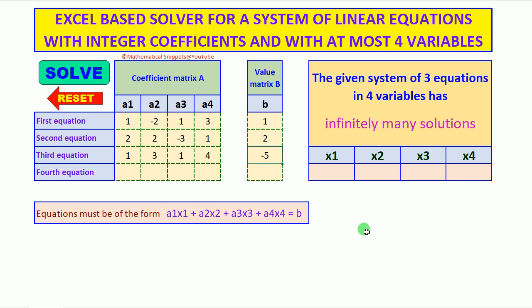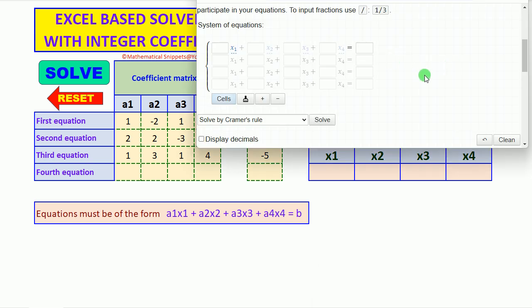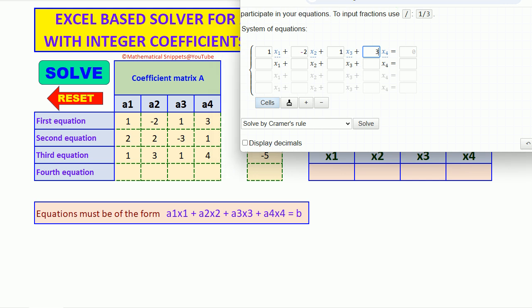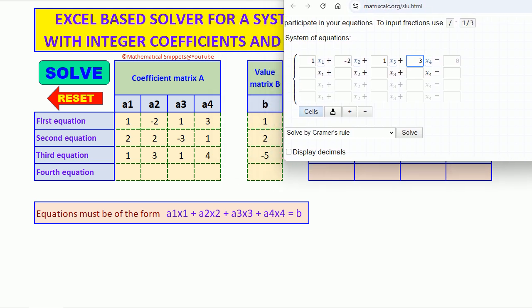And let us use an online calculator, just to see whether calculations are correct or not. So let me put these values here. So I put 1, then it is -2, then it is 1, then it is 3, and this one I put here so that it is visible.